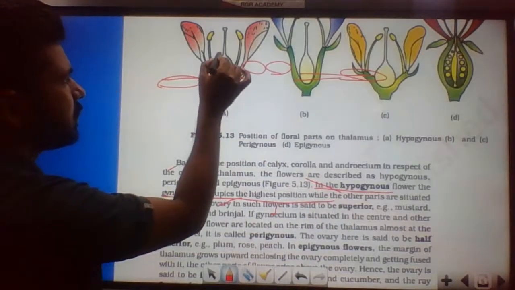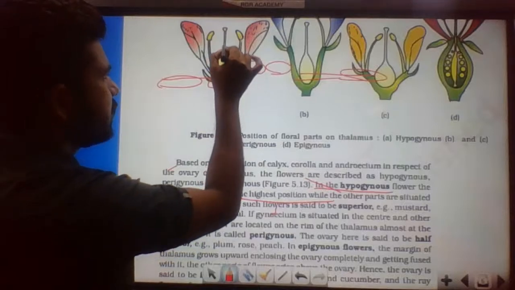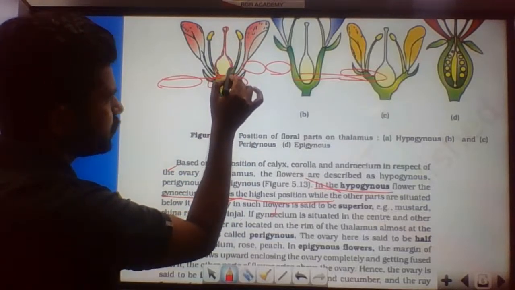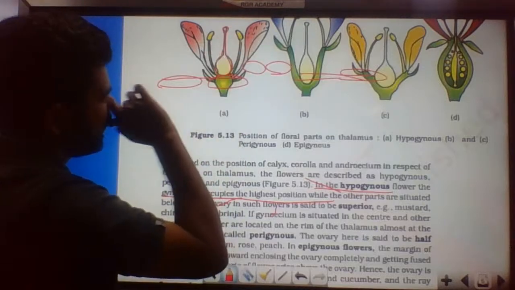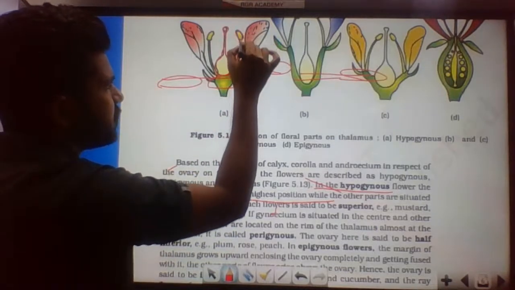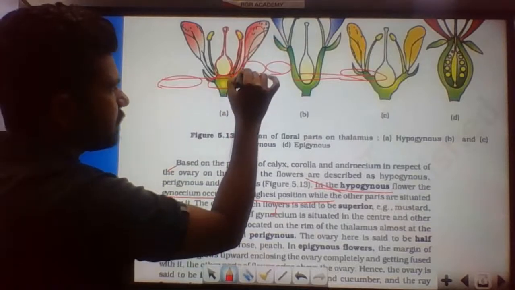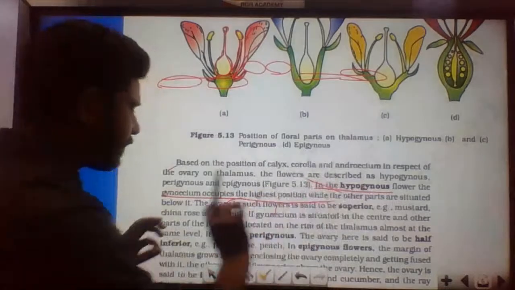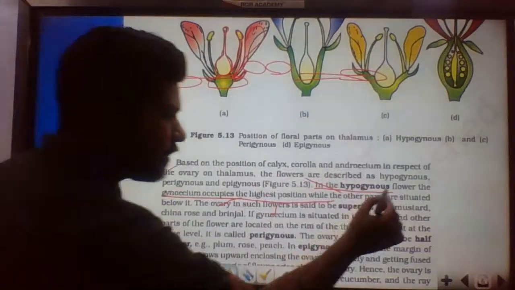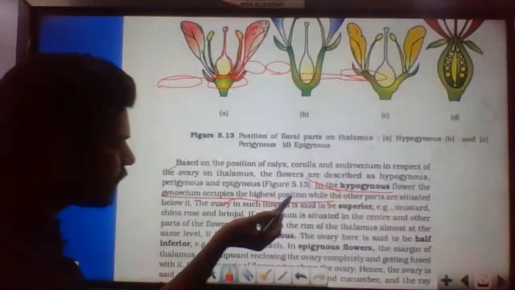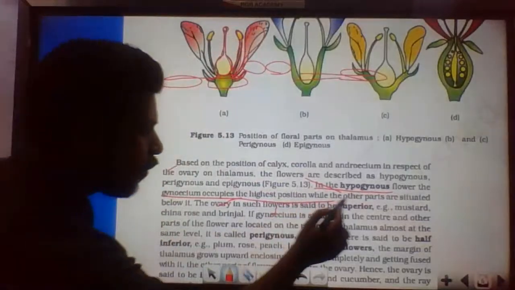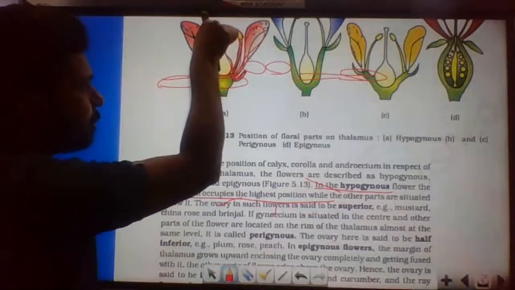This is the gynoecium, in the above position, and below the gynoecium, the androecium is there, and petals and sepals. So try to understand the sentence here: the gynoecium occupies the highest position, while other parts are situated below it.